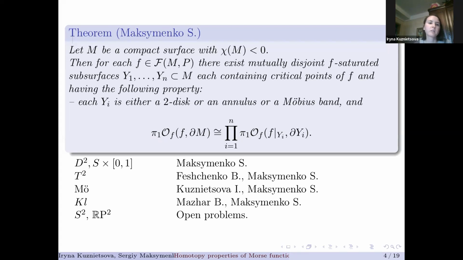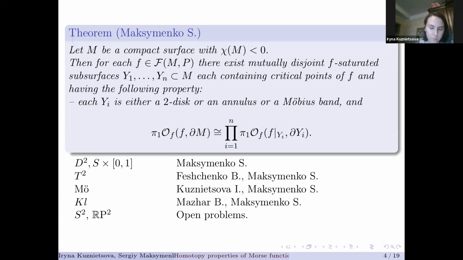So he proved that if M is a compact surface with a negative Euler characteristic, then for each function from F(M, P), there exist mutually disjoint f-saturated subsurfaces Y_1, ..., Y_n from M, each containing critical points of f and having the following property. Each Y_i is either a disk, annulus, or a Möbius band.